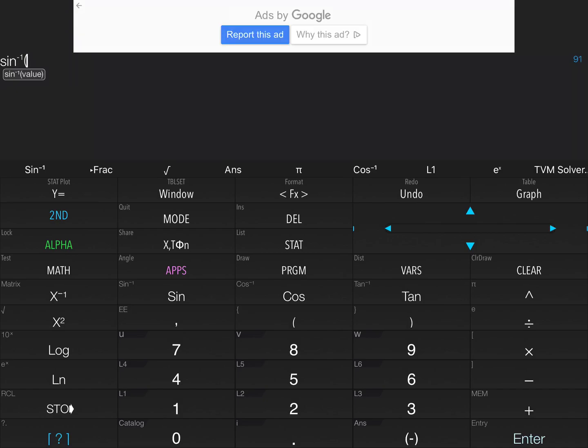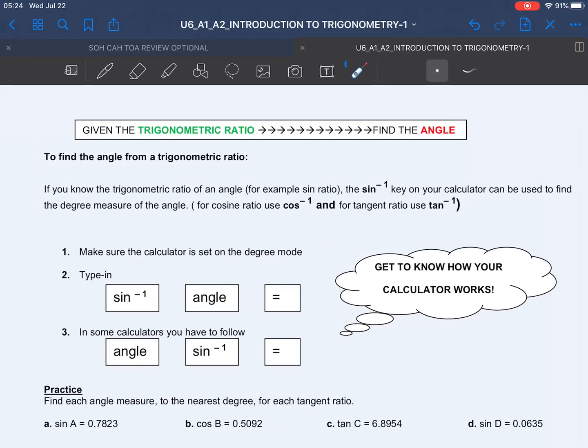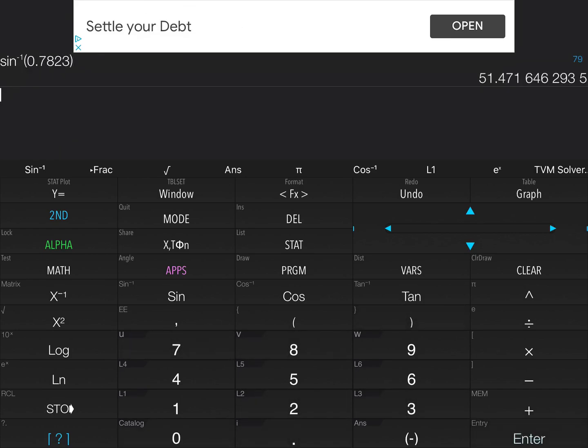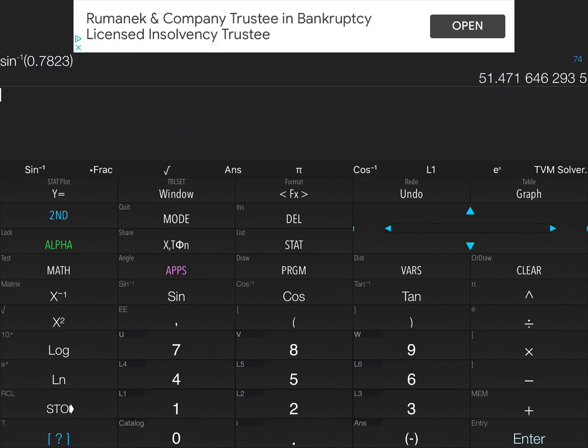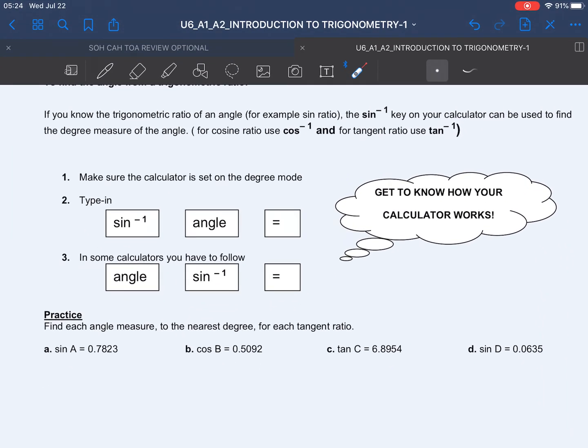Now I'm going to type in the ratio. The ratio was 0.7823. Close the bracket, enter, and I magically have the answer, 51.47, and I will round it to the nearest 1 decimal. So angle A equals inverse sine 0.7823.